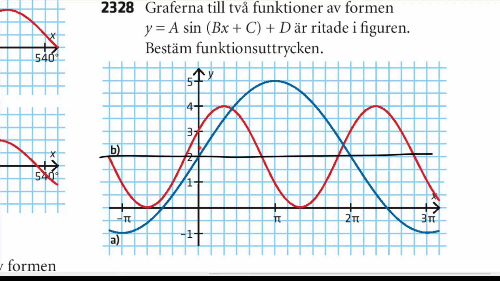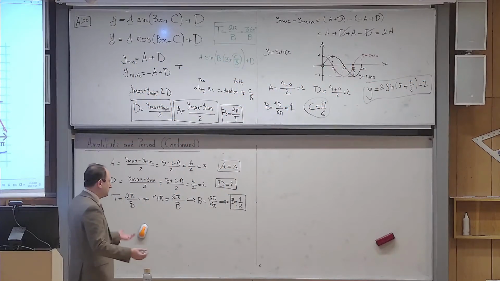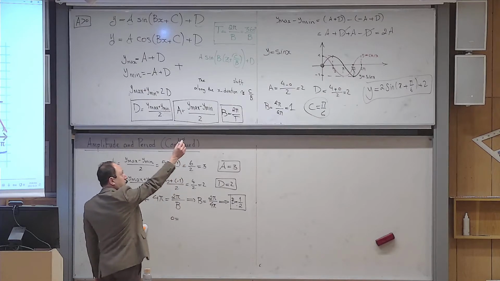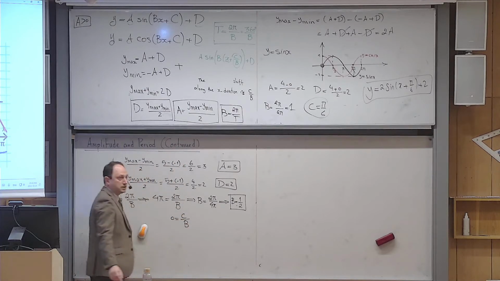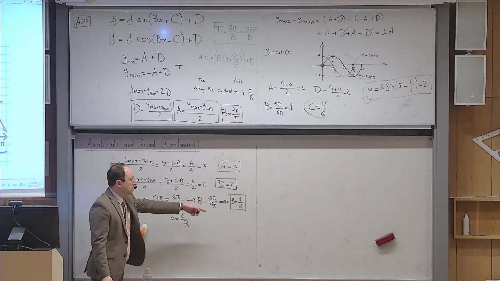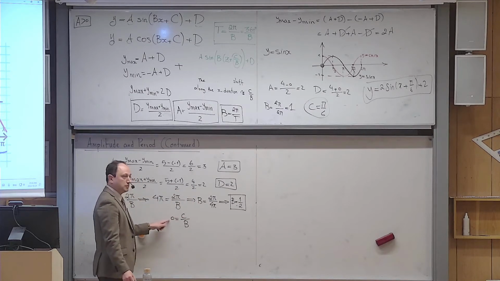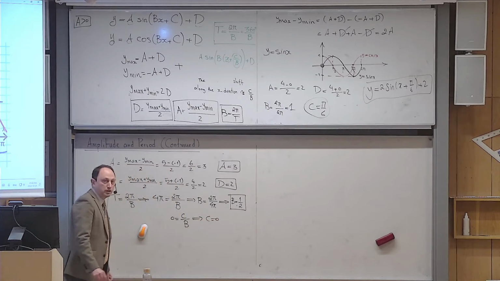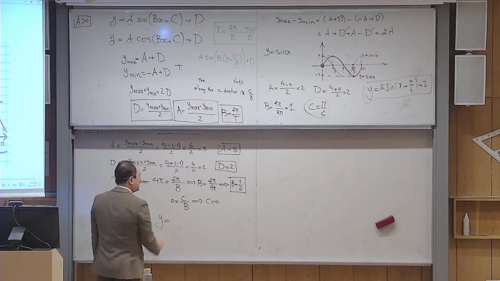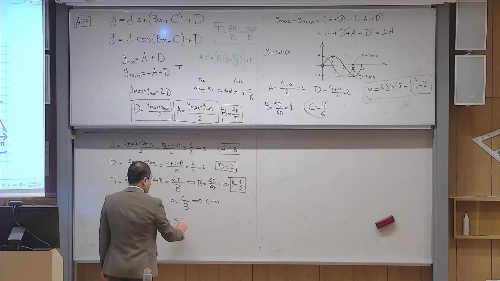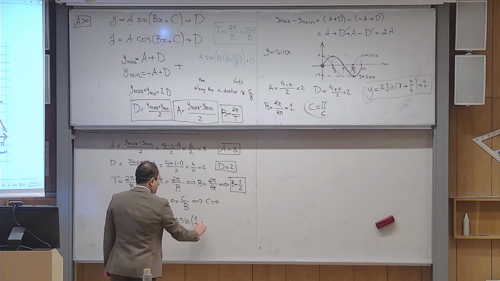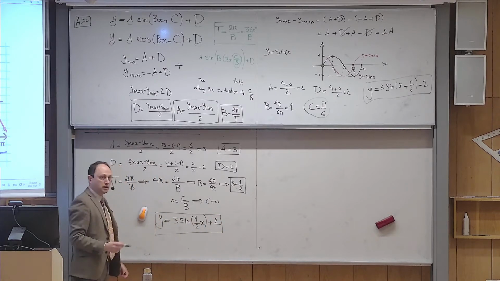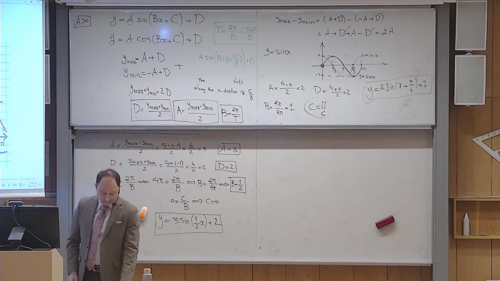So there is no shift. When there is no shift, what does it mean? Can you tell me what happens? The shift is 0. But on the other hand, what was the value for shift? It was c over b. B is some number, whatever, I don't care, but the fraction is supposed to be 0, so it means c is 0. Okay? So that is the graph of the function y is equal to sine of 1/2 x plus 2. If you draw the graph of this function, it will give you exactly that.